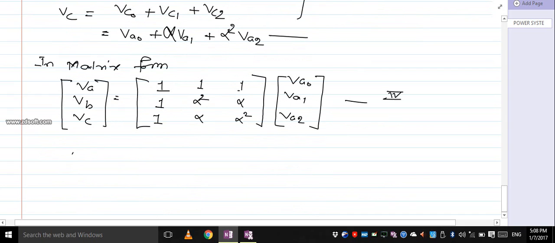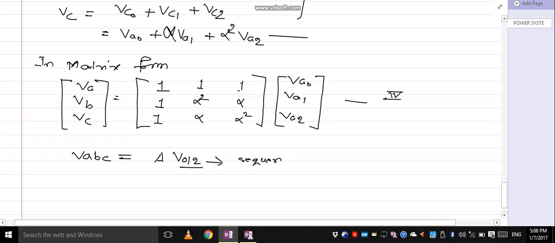Or simply VABC is equal to matrix A into V012, where 0, 1, 2 represent the sequence components, and these are the original phasors.